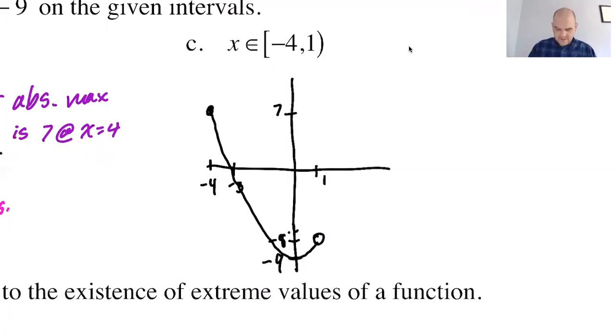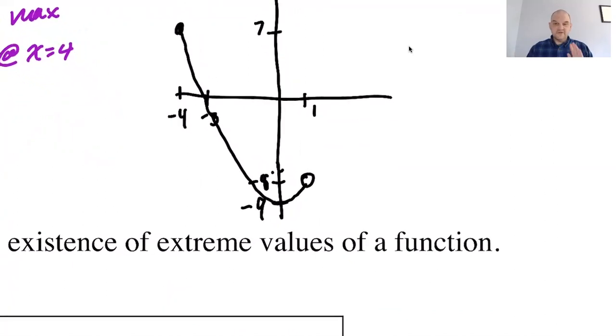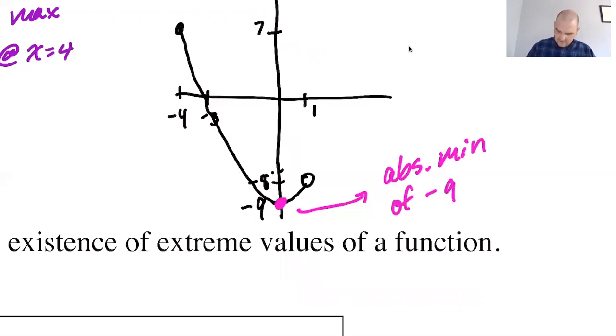All right, so what's happening? Well, -9 is the smallest y value. It happens only once. There's no y value less than that. So right here, we have an absolute min of -9, and it's at x equals 0.